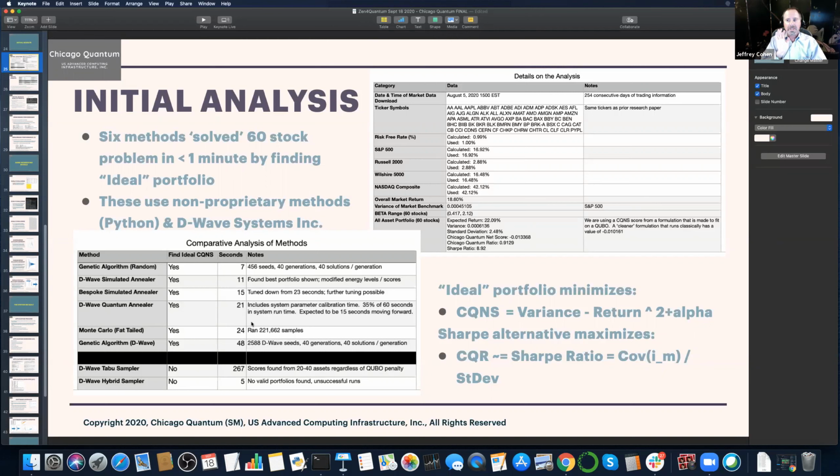So this was the state of play, 60 stocks. Now, a little different. The genetic algorithm is faster. The simulated annealer is faster. And to be honest, we can run the quantum annealer now with a little less calibration, maybe 6 seconds.